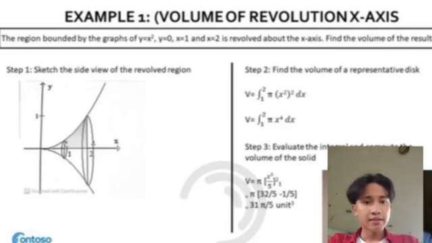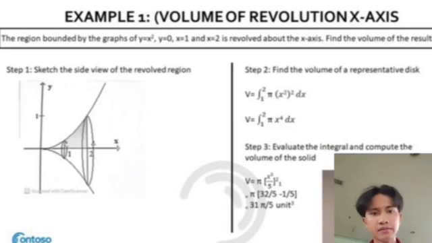And then it turns into V equals integrate from 1 to 2 of pi (x squared) squared dx. V equals integrate from 1 to 2 of pi x to the power of 4 dx, because x squared multiplied by itself turns into x to the power of 4.